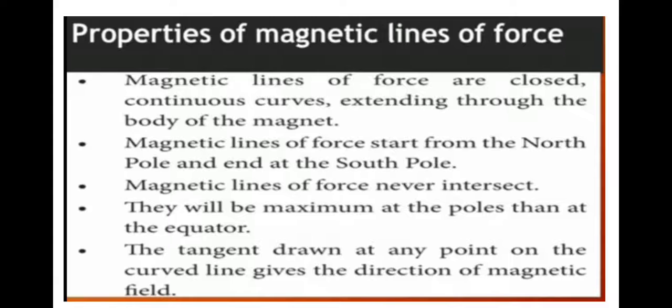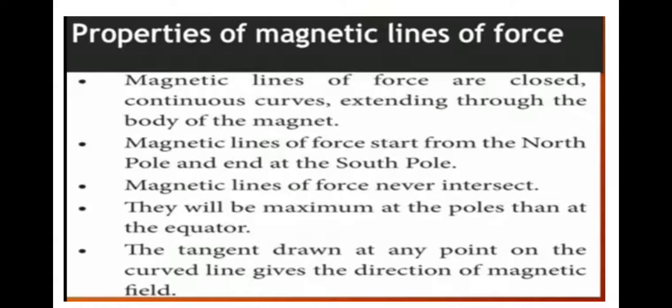In the middle portion the lines are not crowded and are very far away. So the strength of the magnet is more at the poles and less in between the poles.